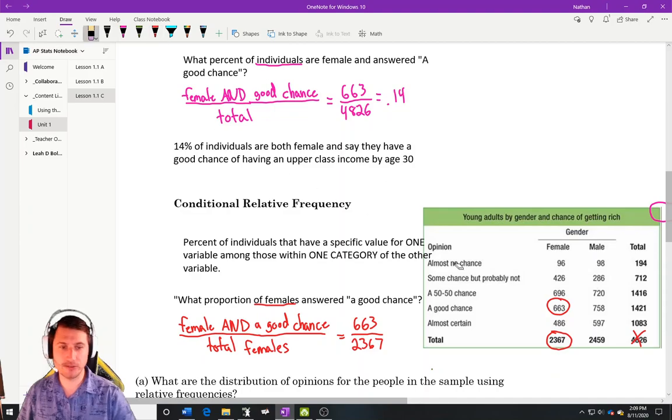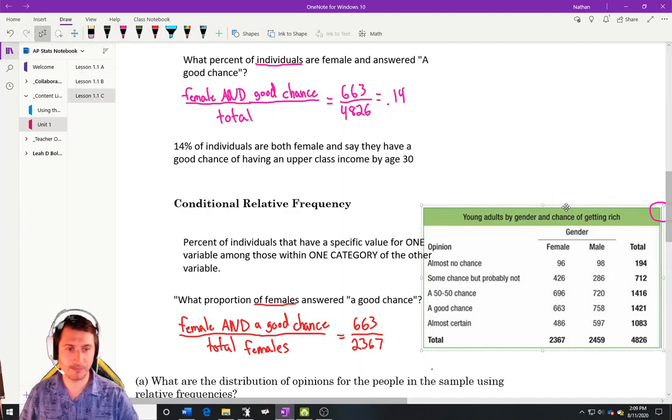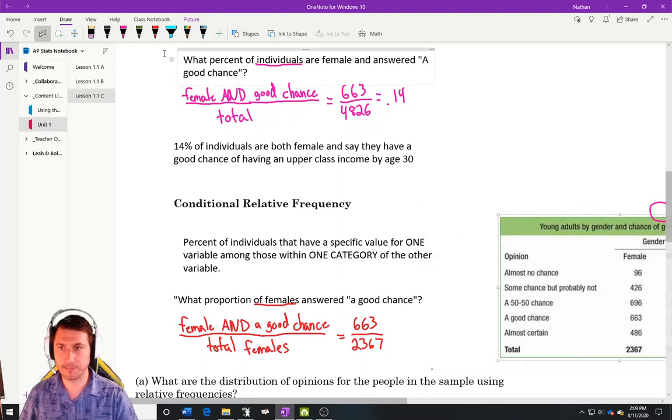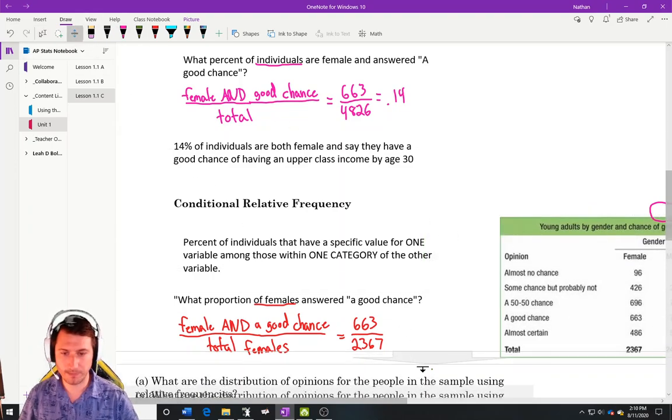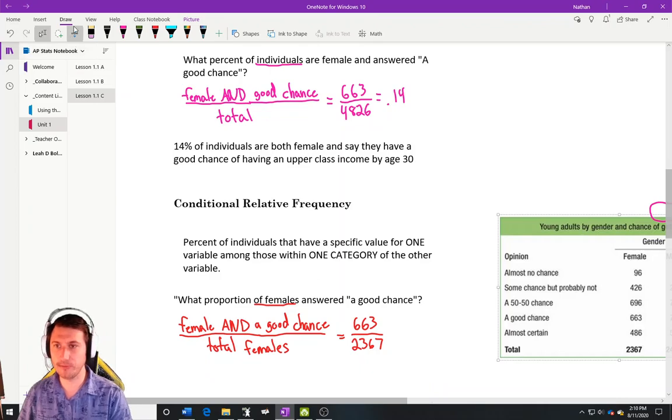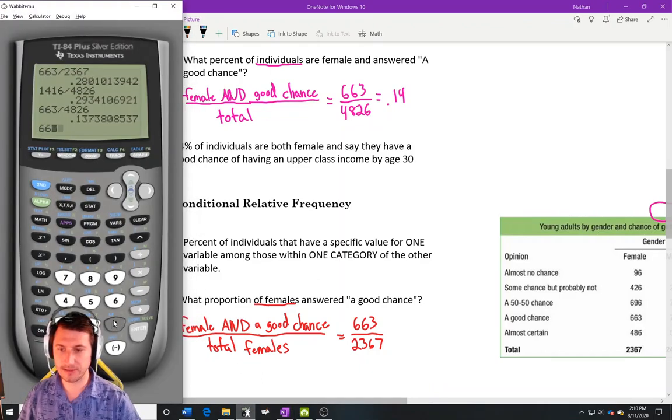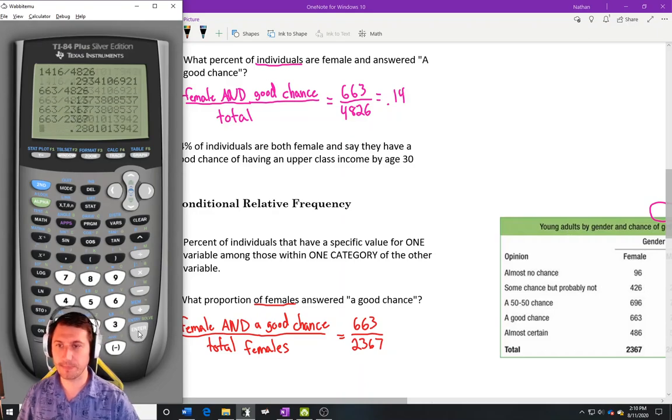So that's what I'm going to use to get my answer when I plug in the calculator. Let's pull up the calculator. 663 divided by 2367 is 0.28.